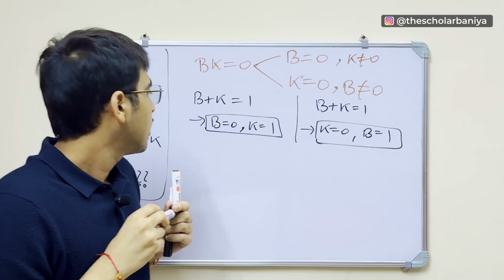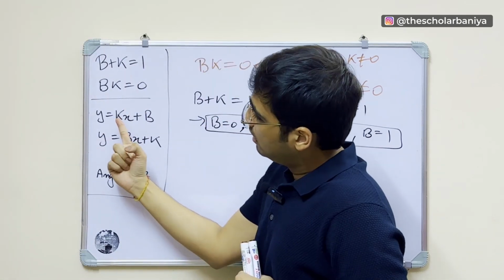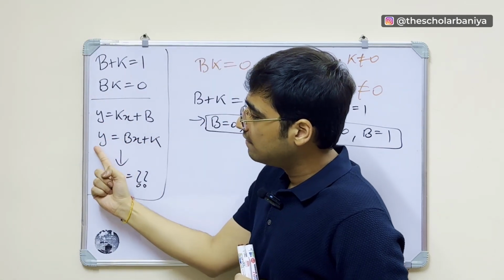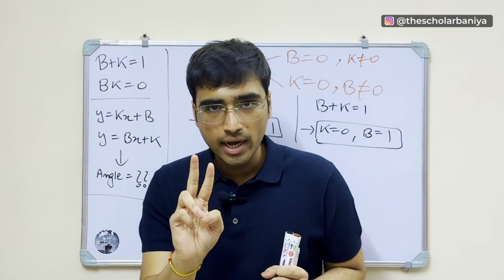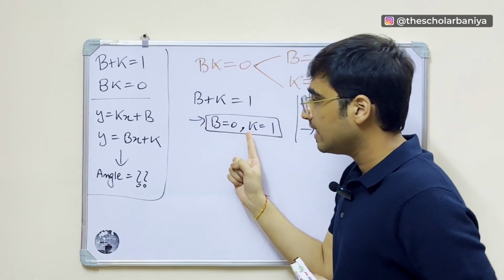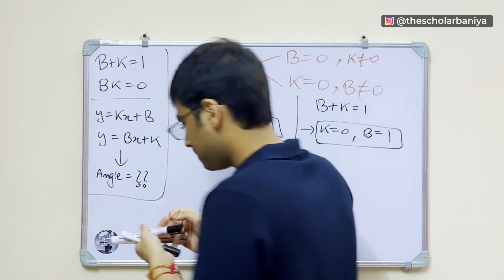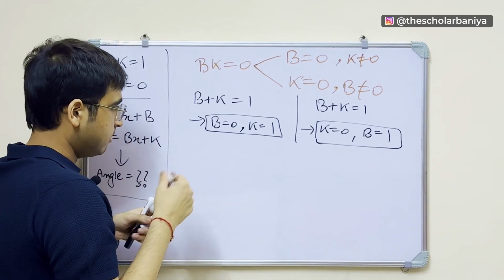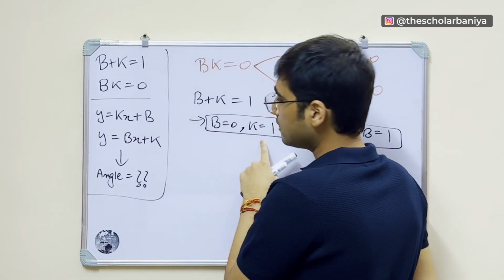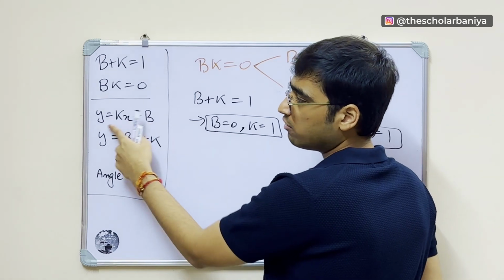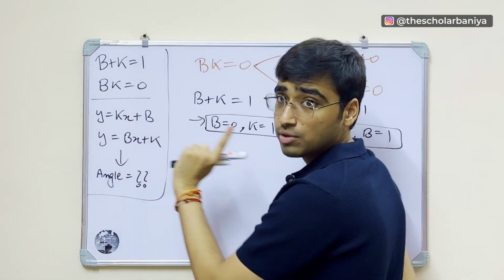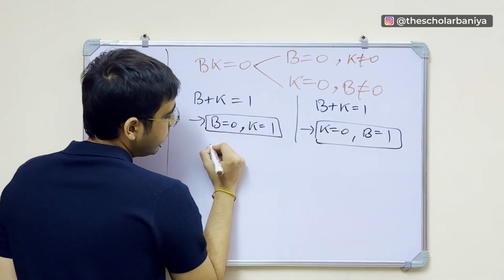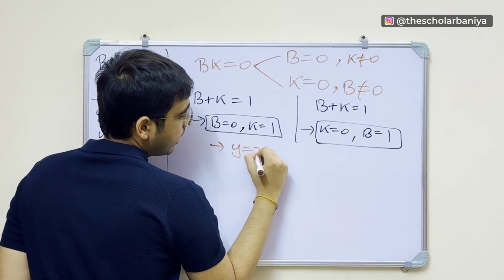Now tell me one thing, y is equal to kx plus b, y is equal to bx plus k are two lines. So let's take this case first. If y is equal to kx plus b, so if k is 1, b is 0. So what will be the equation? The equation will be y is equal to x.